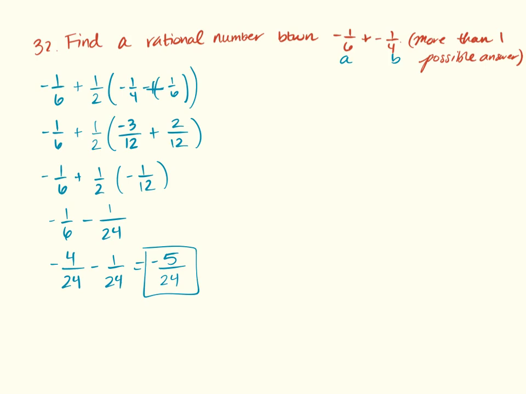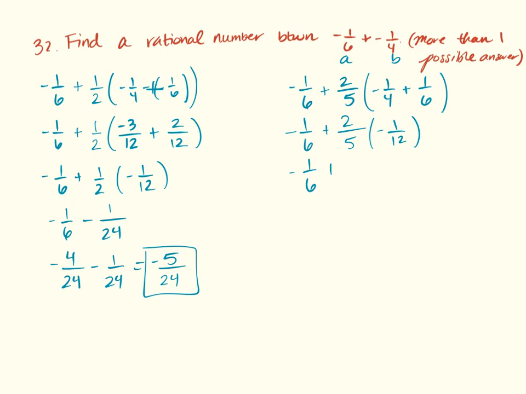Okay. Another possible answer is, let's try something random. So let's say 2/5. So negative 1/6 plus 2/5, negative 1/4 plus a 1/6. We know that the inside is going to become negative 1/12.